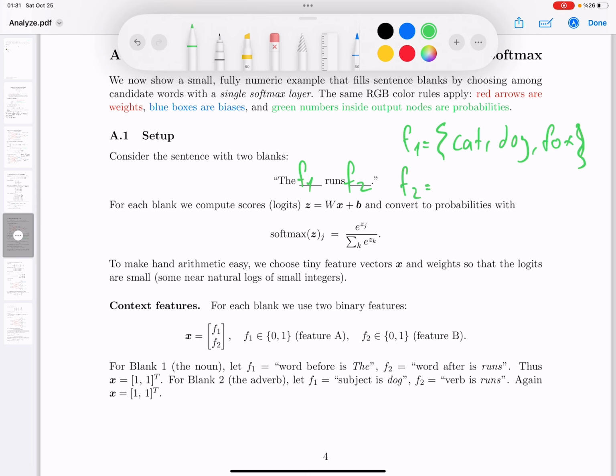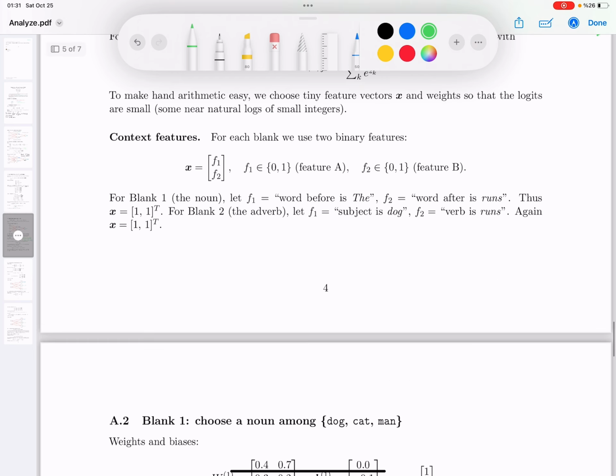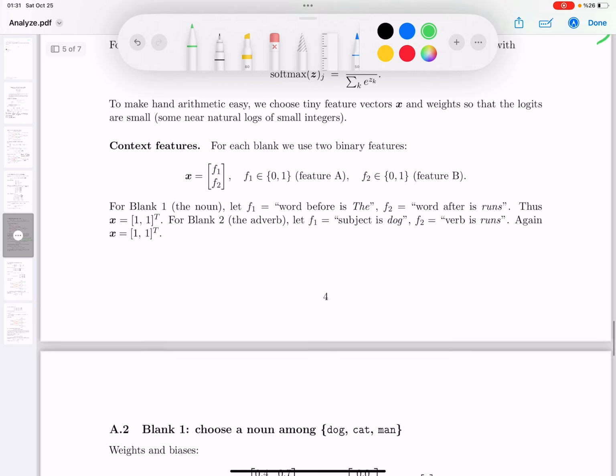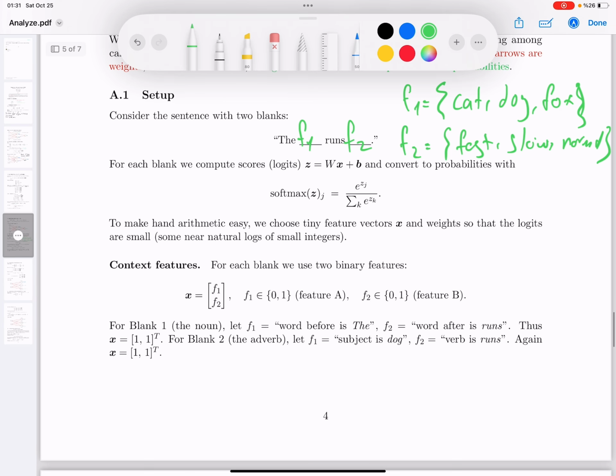F2 can take run, stay, fast, slow, normal. From the subject, what is the subject? Subject is dog, verb is run. You know that F1 is a subject and F2 is a verb.